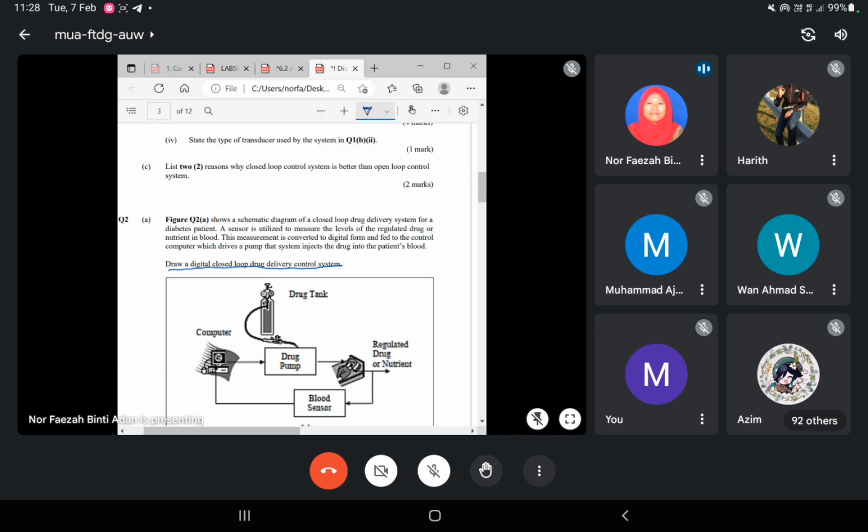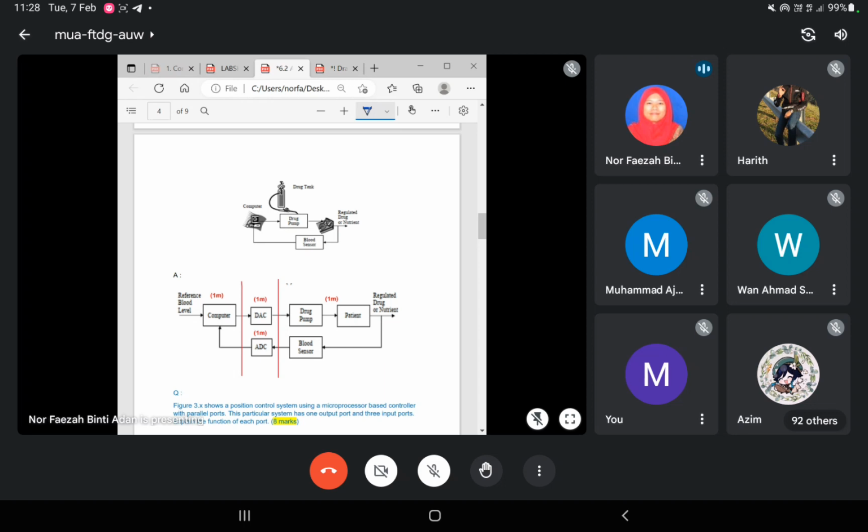Draw a digital closed-loop drug delivery control system. So bila dia digital, it means you have to add in ADC and DAC in your closed loop diagram. Okay. So if you look at this answer, first you kena tahu what is your input and your output. Reference blood level and then it goes to your computer. Ni kalau boleh lukis ada summing junction.